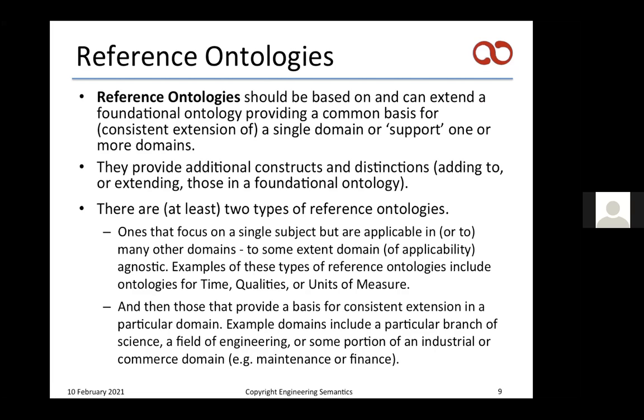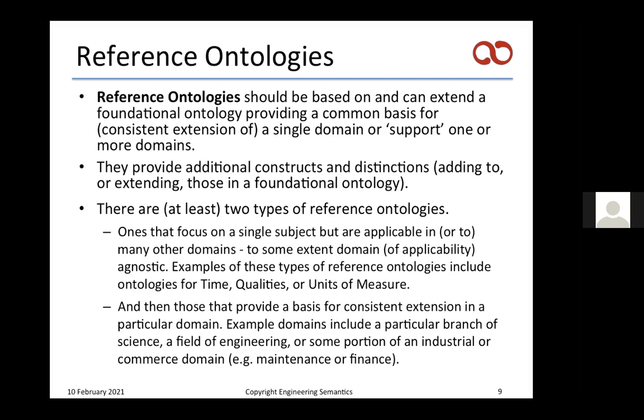They can be extended from a foundational ontology, again, to support interoperability. A reference ontology provides additional constructs and distinctions for a large set of domains, but perhaps not all domains. There are at least two types of reference ontologies. Ones that focus on a single subject area, but are applicable to many domains. Things like an ontology for time, that's certainly a domain, but it's applicable across lots of others.